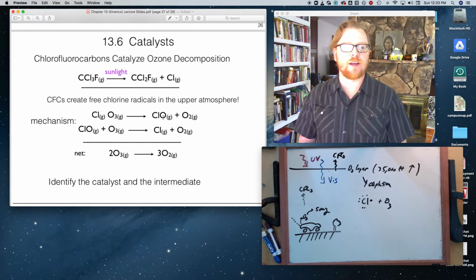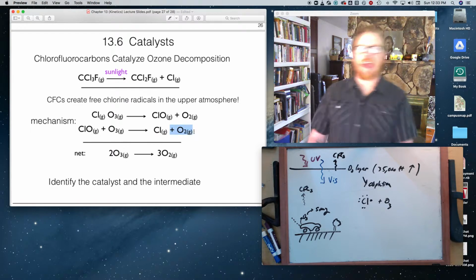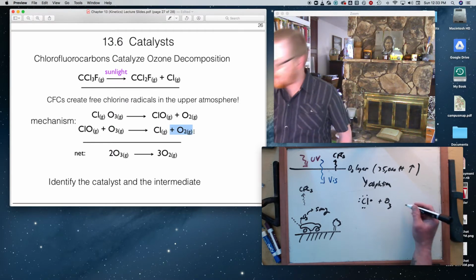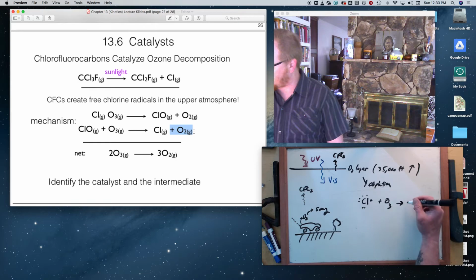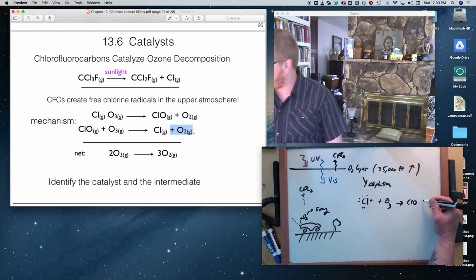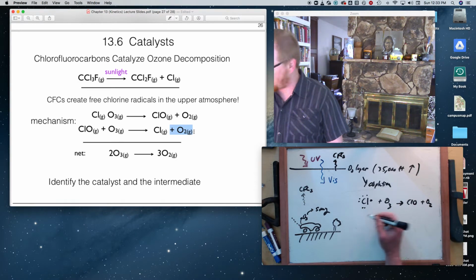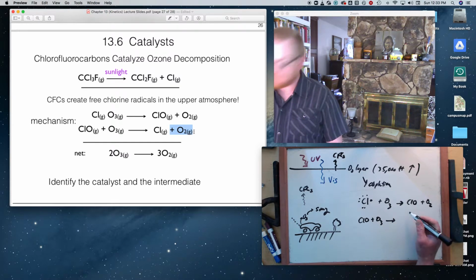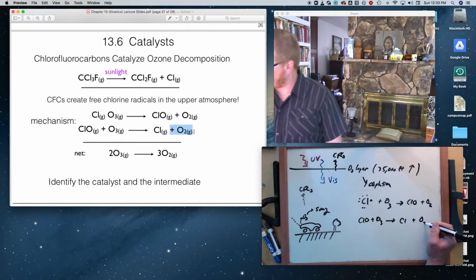And you notice here in the mechanism, Cl reacts with O3 and makes hypochlorite, ClO, and O2. But then the ClO reacts with O3, regenerating chlorine and O2. Right, so if I write that down here, Cl plus O3 makes ClO plus O2, and then ClO plus O3 regenerates chlorine plus O2.